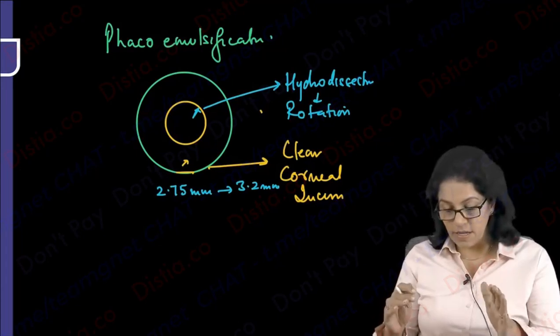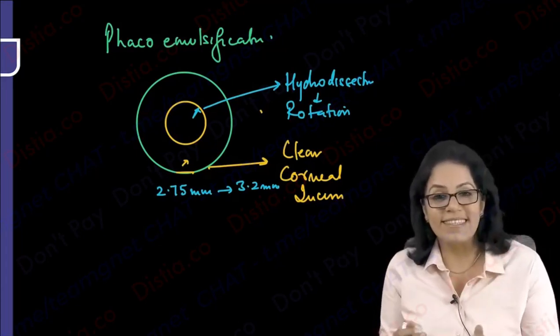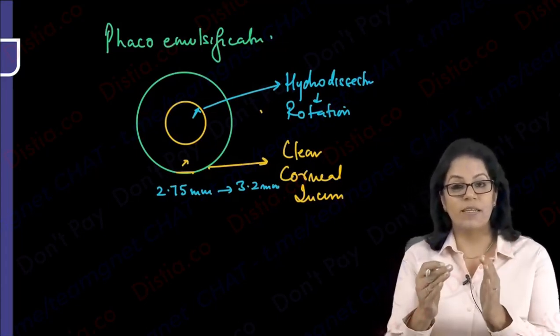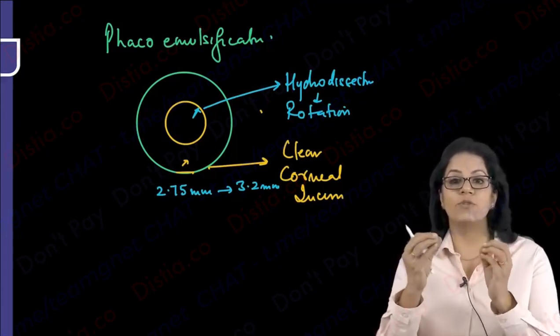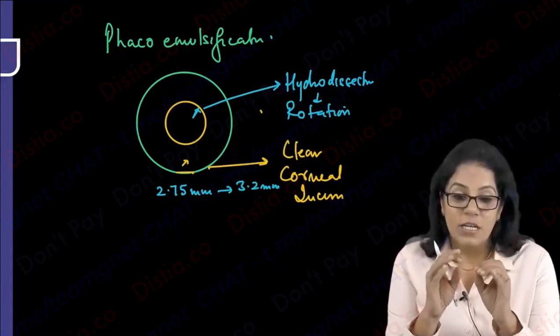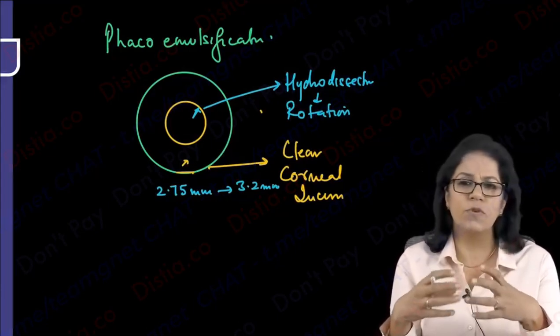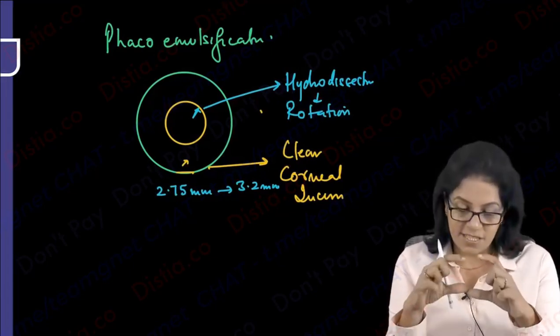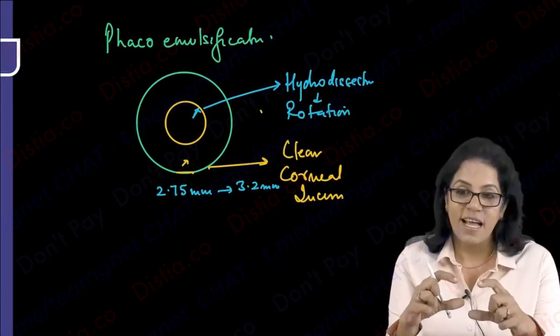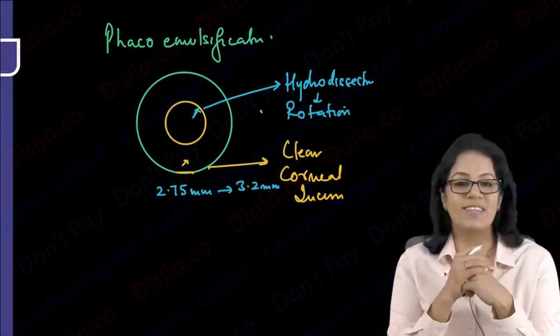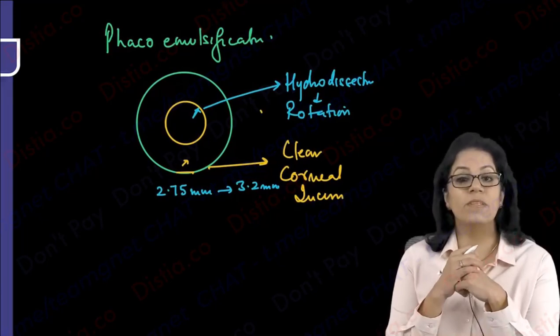Now think yourself, how are we able to manage this? We have learned together that the diameter of the lens is 9 to 10 mm. With the diameter of 9 to 10, the cataractous lens nucleus size would be around 4 to 4.5. And with that nucleus size, I cannot manage with such a small incision length. How am I able to do that?